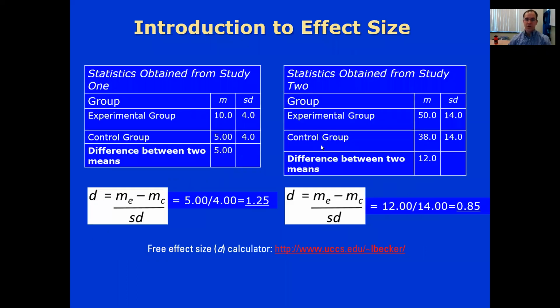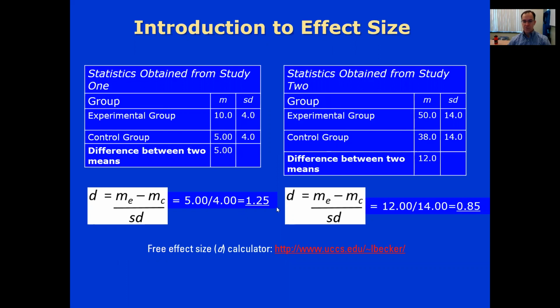Here's a table of two different studies, and what you see here are the statistics from study 1 and statistics from study 2. Here is the group mean and standard deviation for the experimental group and the control group in the first study, and the difference between the two would be 5. In the second study, the difference between the two groups would be 12.